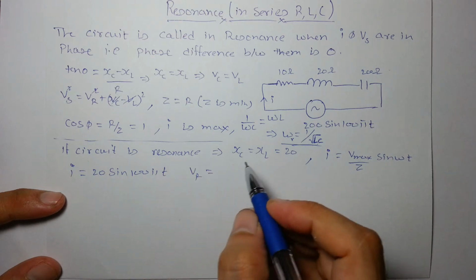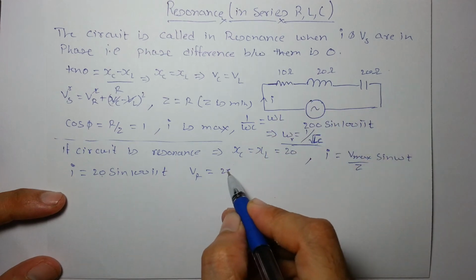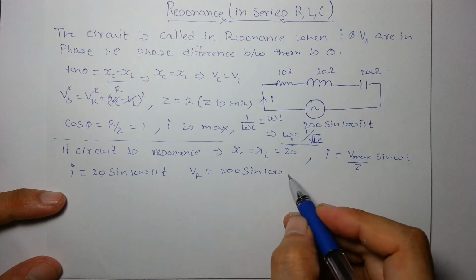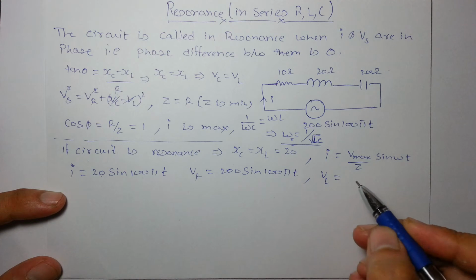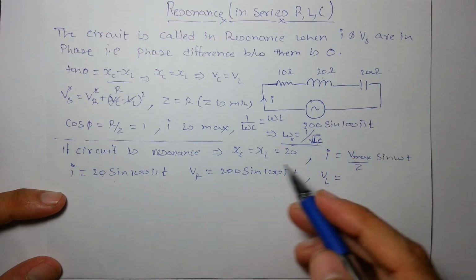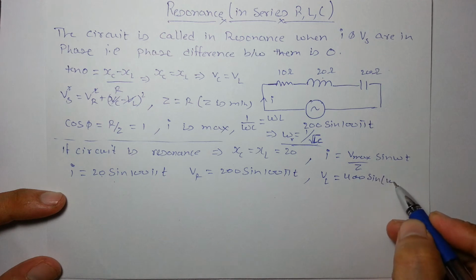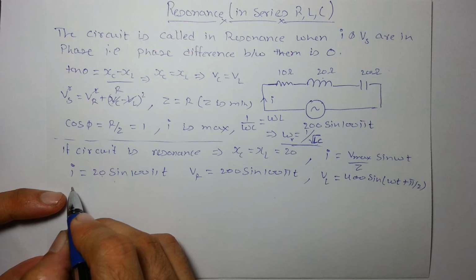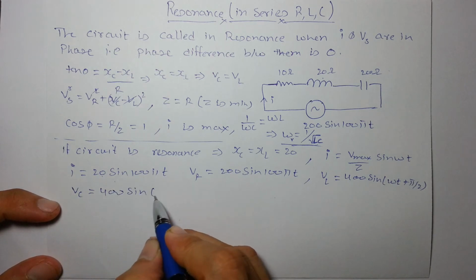VR is nothing but I into R, 200 sin 100 pi t. VR is V source. VL is 20 into I, means 400 sin omega t plus pi by 2. VC is 400 sin omega t minus pi by 2.